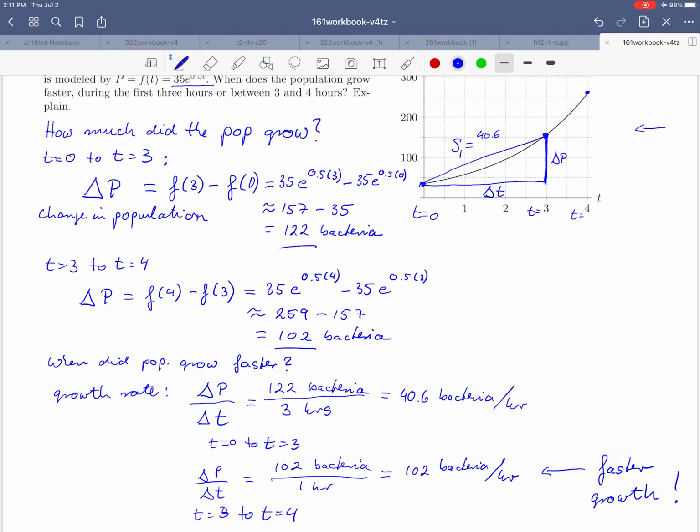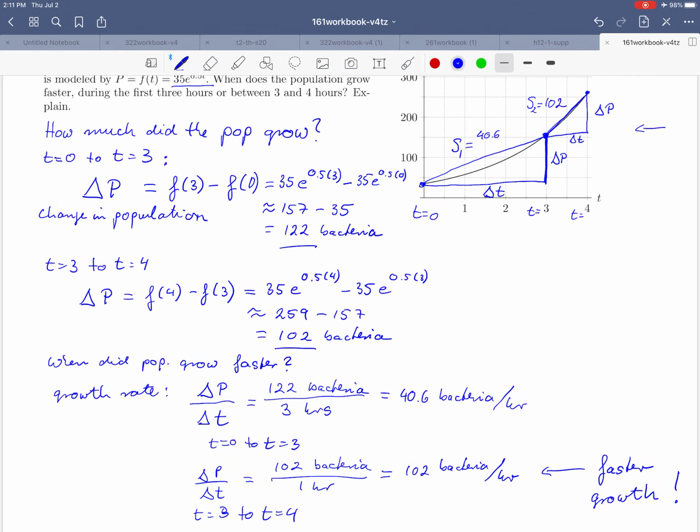And for our second time interval, we're getting a similar representation. We also have a line where we have delta P over delta T for our second time interval, and let's call that S2, and that was 102.